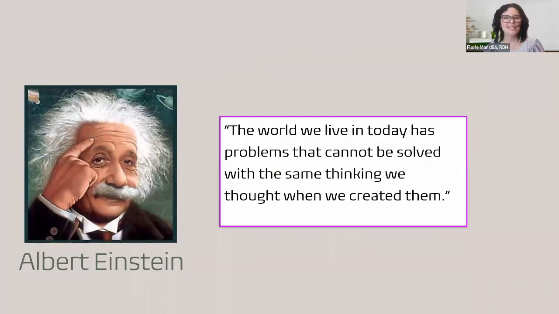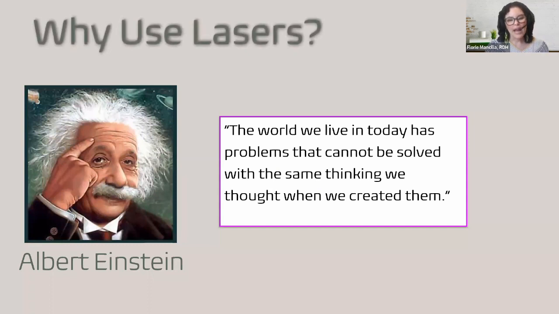So let's dive in. And why do we need to use lasers? I think of, when I started out, traditional modalities that existed when I started out in hygiene, some of them we're not using today. And I really want you guys to think about how are your treatment outcomes with the treatment paradigms that you are providing now.